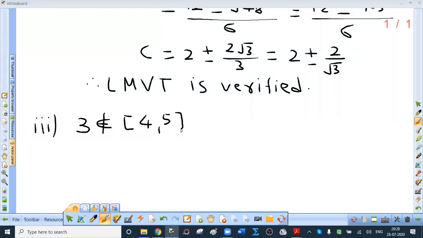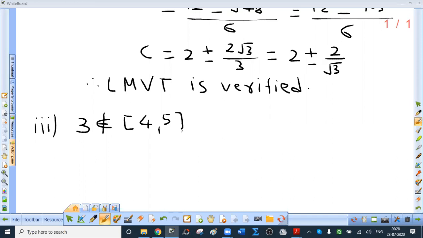Therefore, it is continuous. I mean that function. Therefore, it is continuous on closed interval 4, 5 and differentiable on open interval 4, 5.